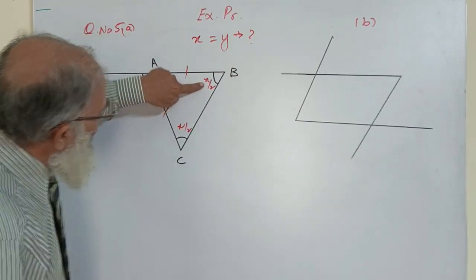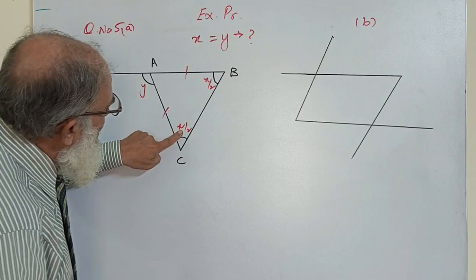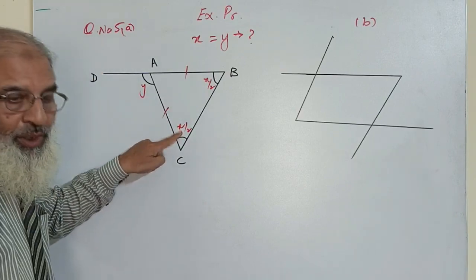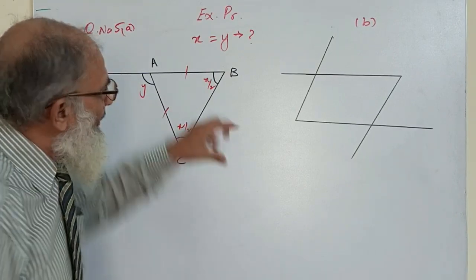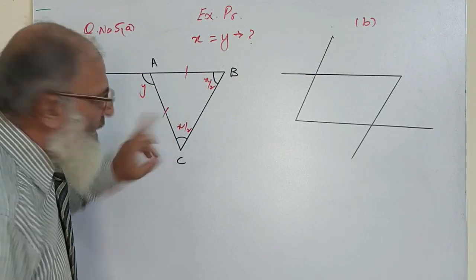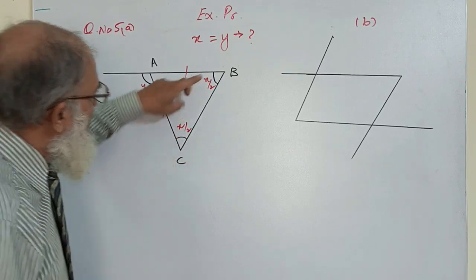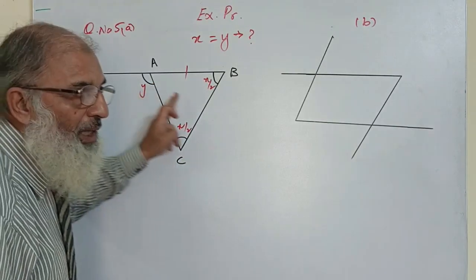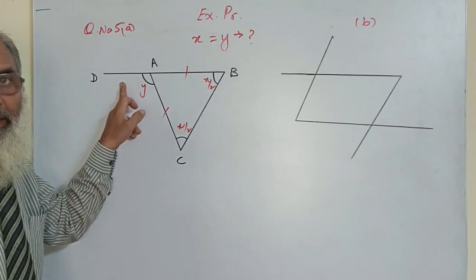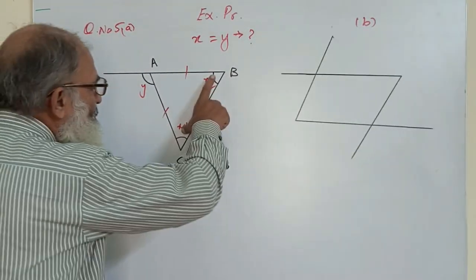Now you see that x by 2 and x by 2 gives us x, and these are the interior angles which are opposite to this exterior angle.